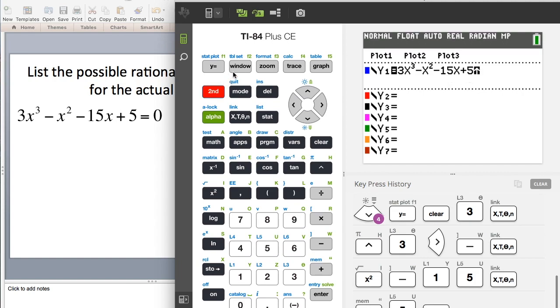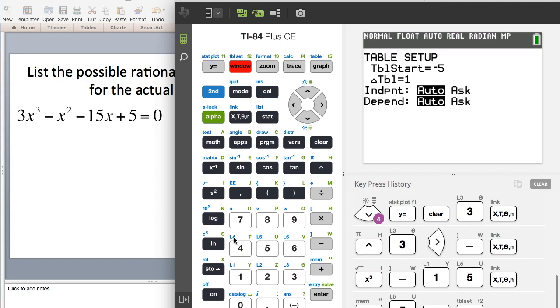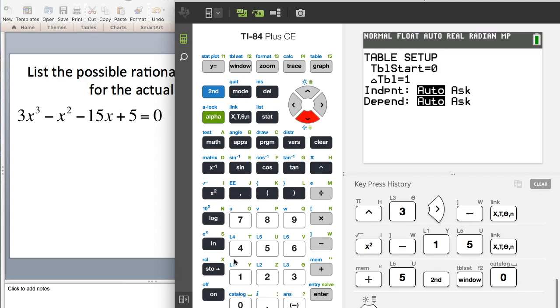Now I'm going to go to second table set. I'm going to start at 0 again. Now this time instead of 1, I'm going to plug in 1/3. So now I know I'm going to count by 1/3. I'm going to be able to see the 1/3, -1/3, 5/3, and -5/3.